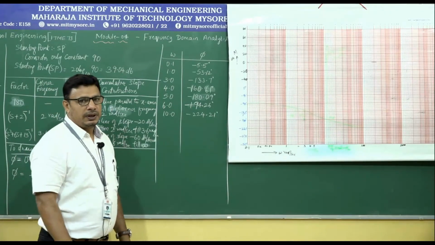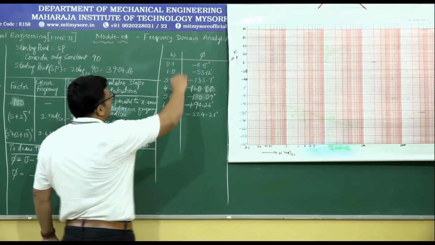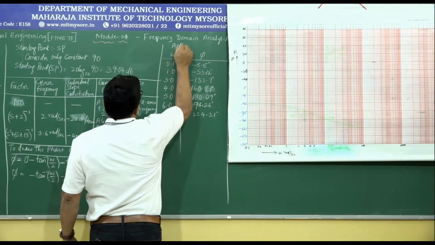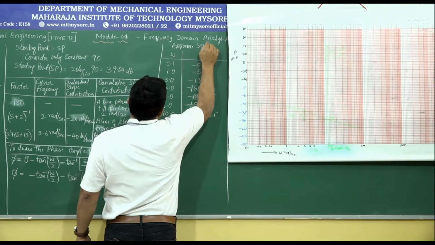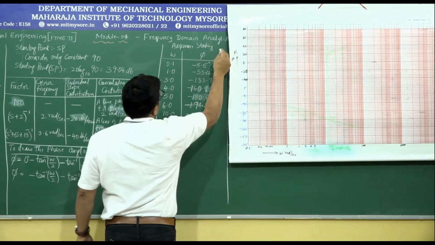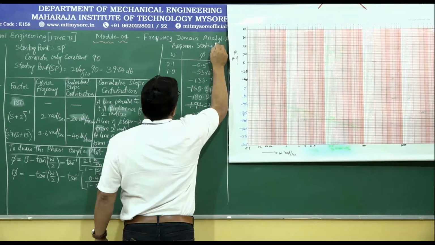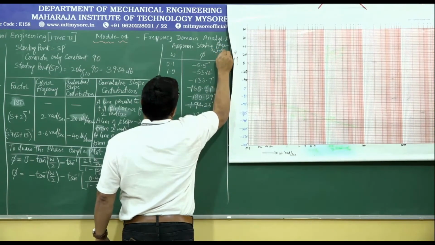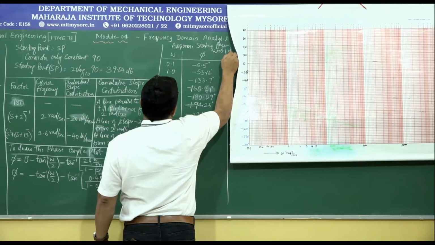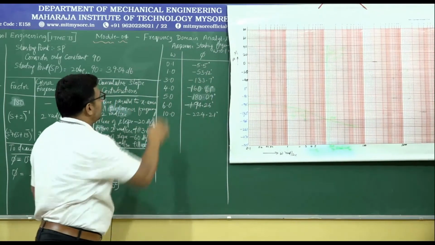This we have to keep in mind. So here let us assume the starting frequency omega is equal to 0.1 radians per second. When we assume that, we will start from that.